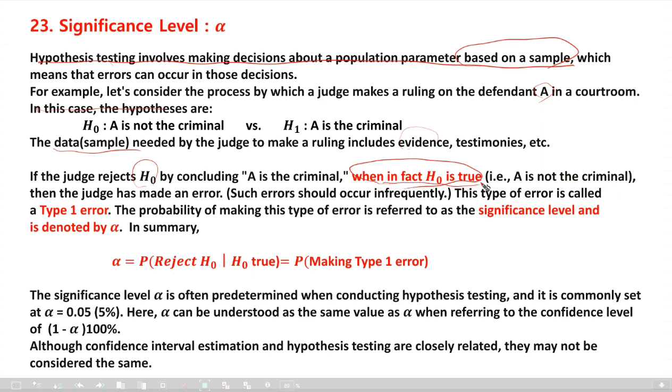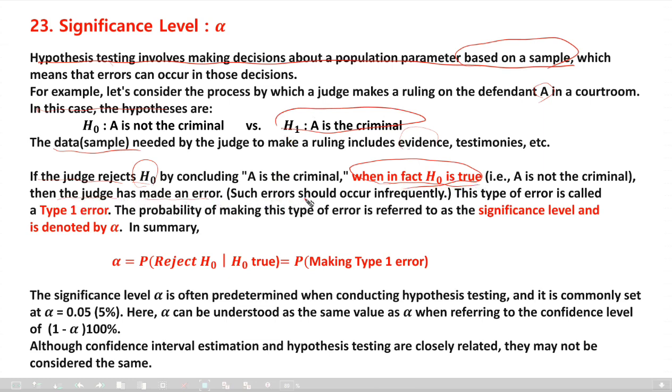Then the judge has made an error, right?